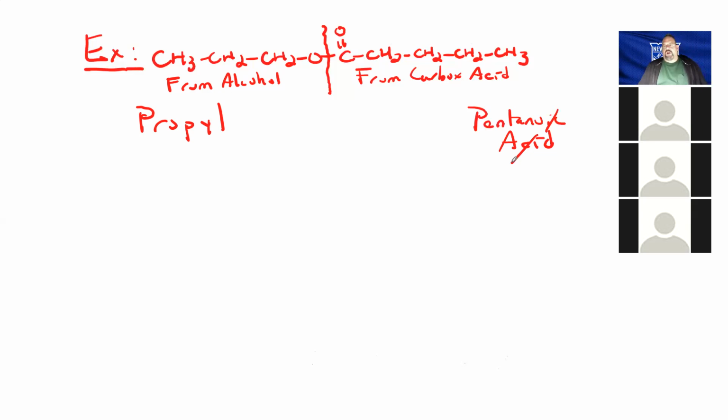But again, we want the carboxylate ion name. So take out the IC, take out the acid, and replace it with what? ATE. So the second word for this ester would be pentanoate. So the name of this ester actually is propyl pentanoate.